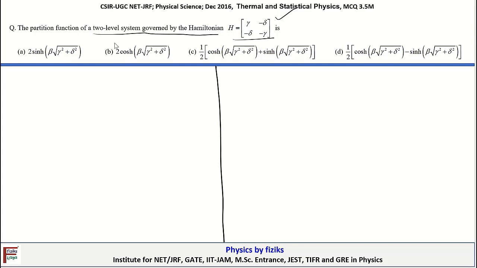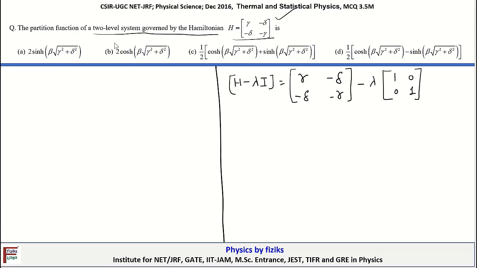The energy eigenvalues are determined by knowing the characteristic matrix, which is written as H minus lambda I, that is equal to the matrix gamma, minus delta, and minus gamma, minus lambda I, where I is the unit matrix.